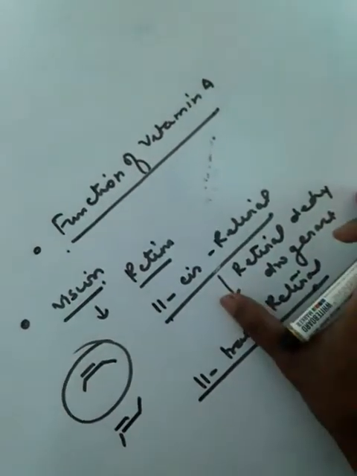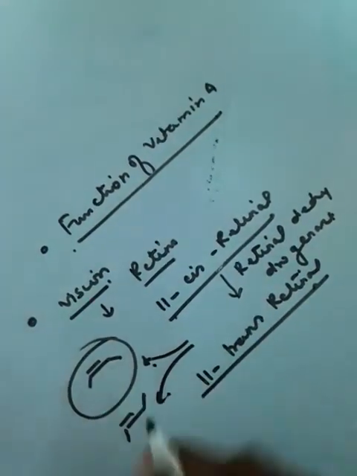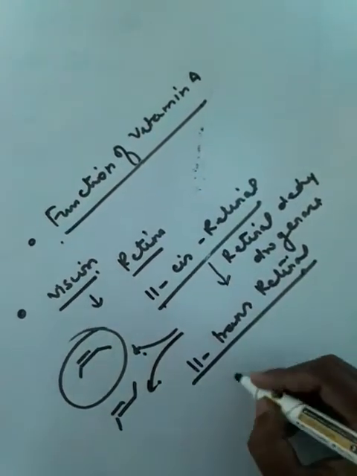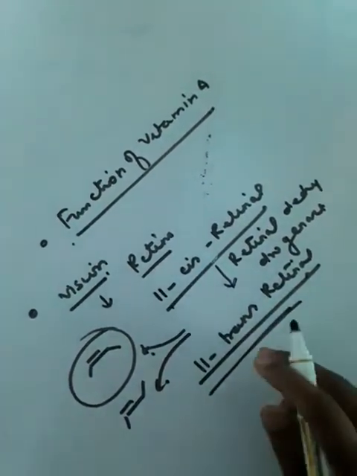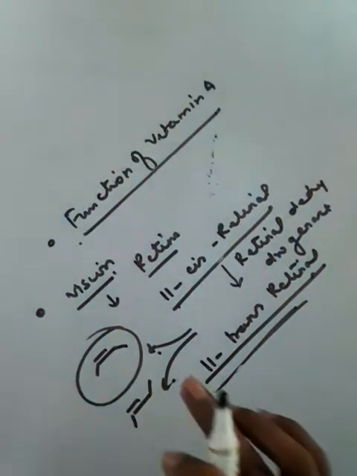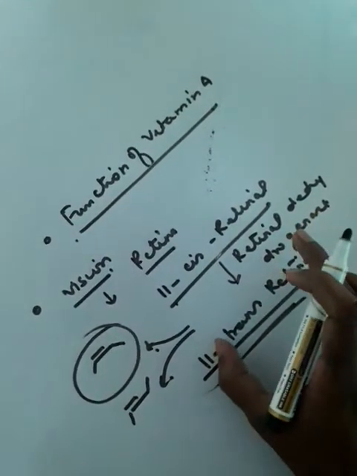Retinal dehydrogenase converts the cis to trans here. So that's why it is the active form. This active form is involved in vision. So this is the simple mechanism, means it is the biochemistry behind that.